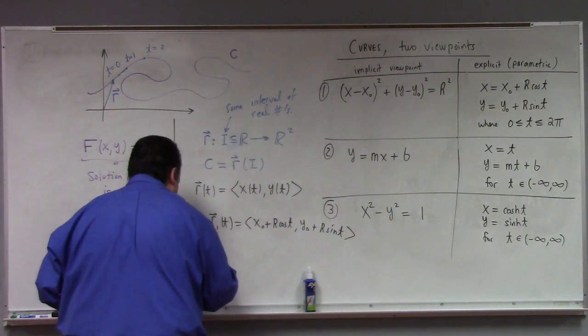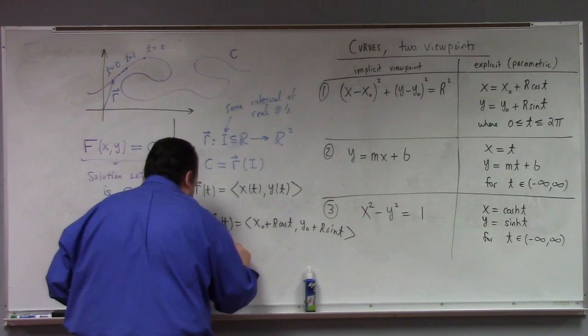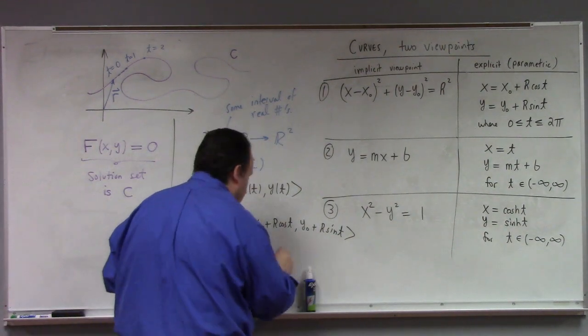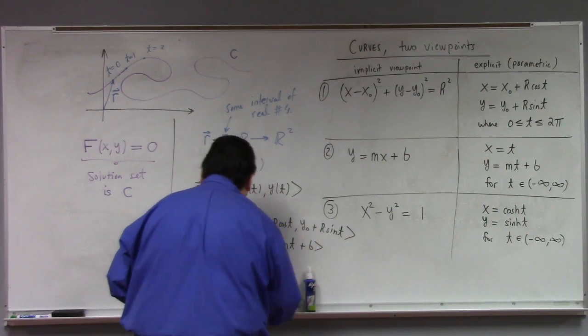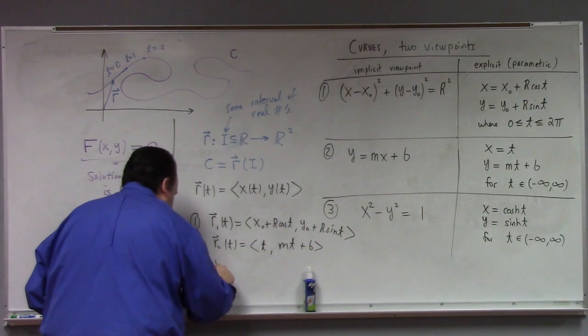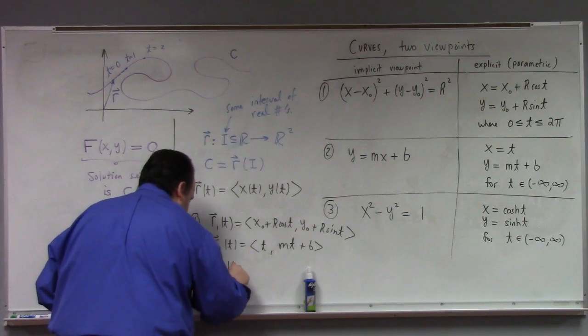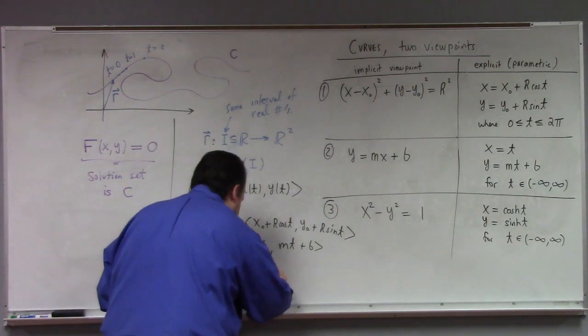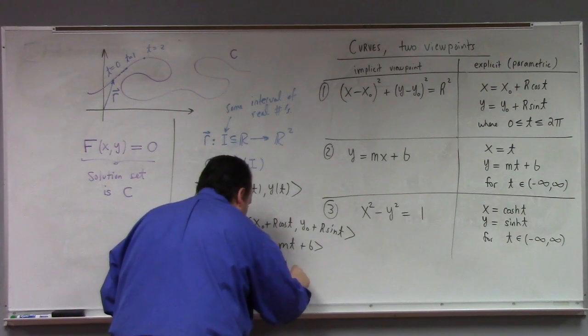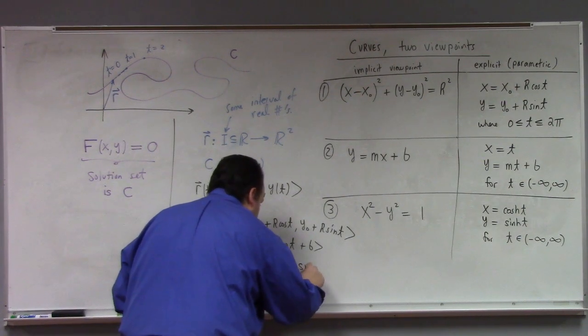For 2, I have t, mt plus b. That's my parameterization as a vector. So I talk about the vector parameterization versus the parametric equations. Don't be frightened by this terminology. There's really not much to it other than just grouping both of the equations as a map.